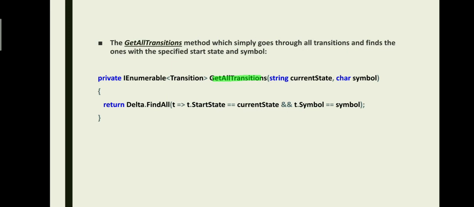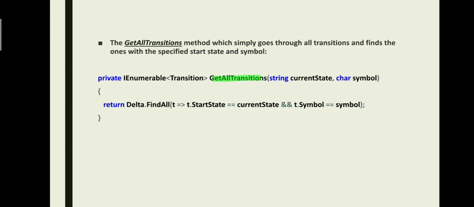Private IEnumerable Transition GetAllTransitions, in which it takes the string current state and the char symbol, that is the character of a symbol, and then it will return delta.FindAll, in which t is such that t.StartState is equal to currentState and t.Symbol is equal to symbol.